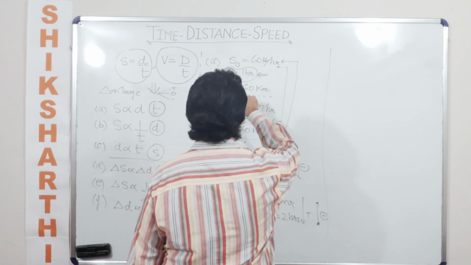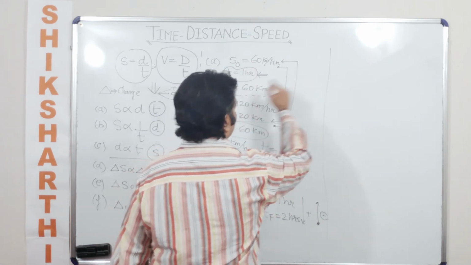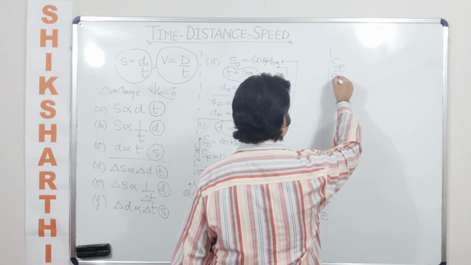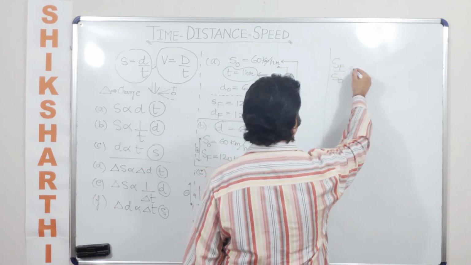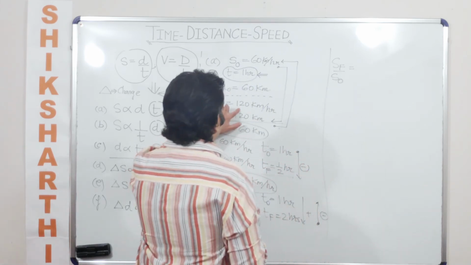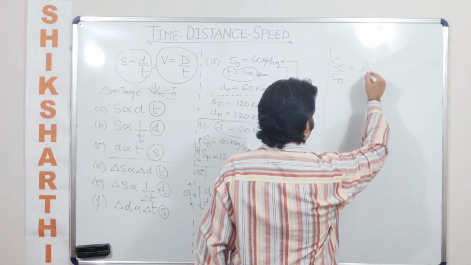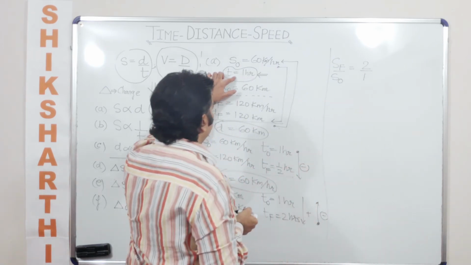So from here, if I were to establish a relationship, let's say if I say final speed upon original speed, what is the ratio? So you will say 120 divided by 60, which comes out to be 2:1. Now what will be the ratio of their time?